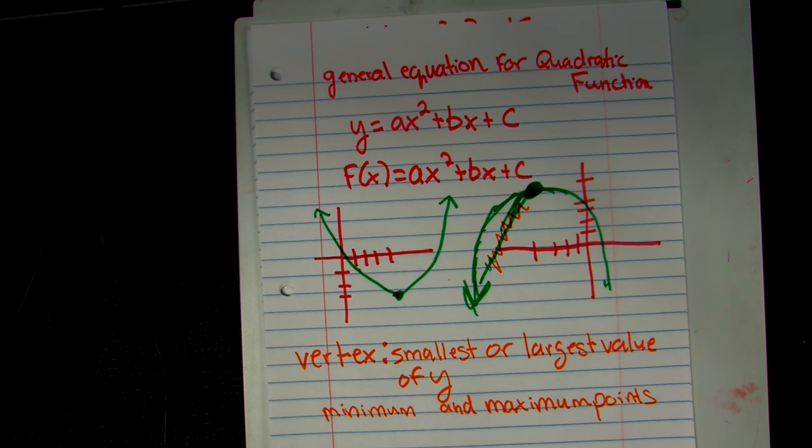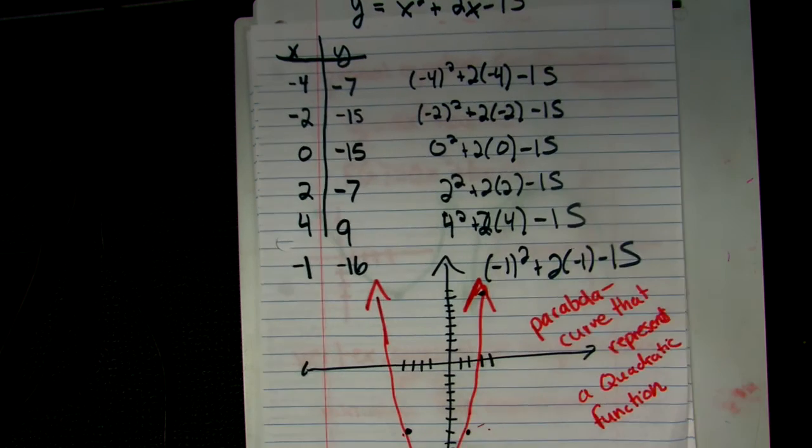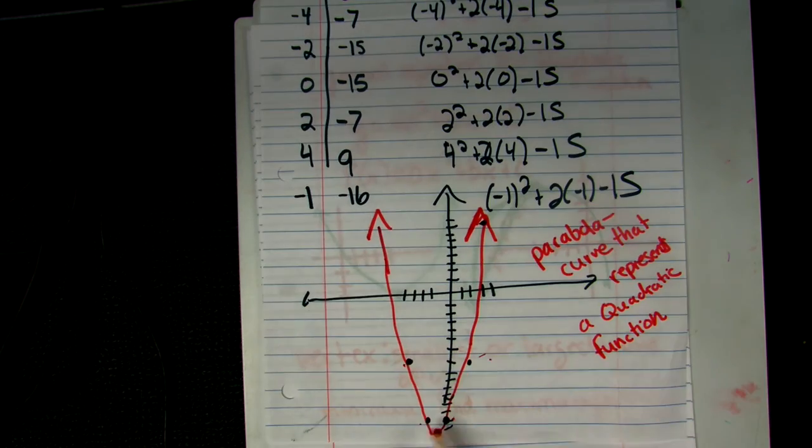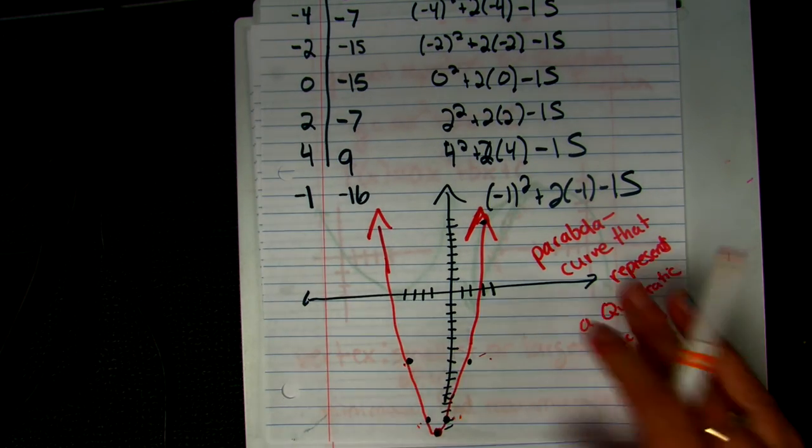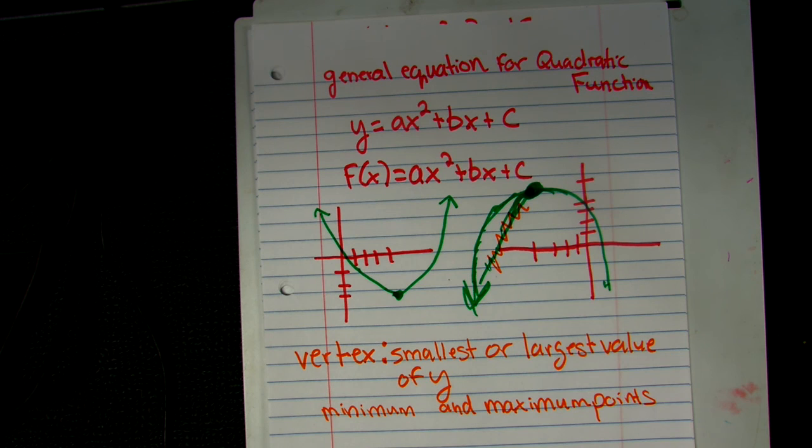All right, so remember when we graphed this one by hand, we also noticed that there was matching going on. That matching that we found, that's what we call symmetrical. So parabolas are going to be symmetrical. They look the same on both sides of a certain line. That certain line is what we call the line of symmetry.